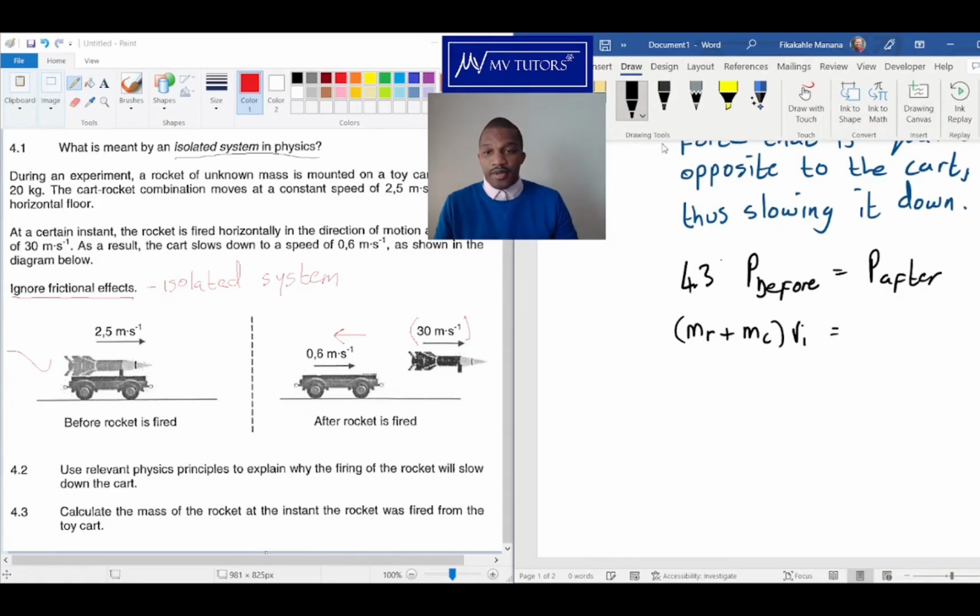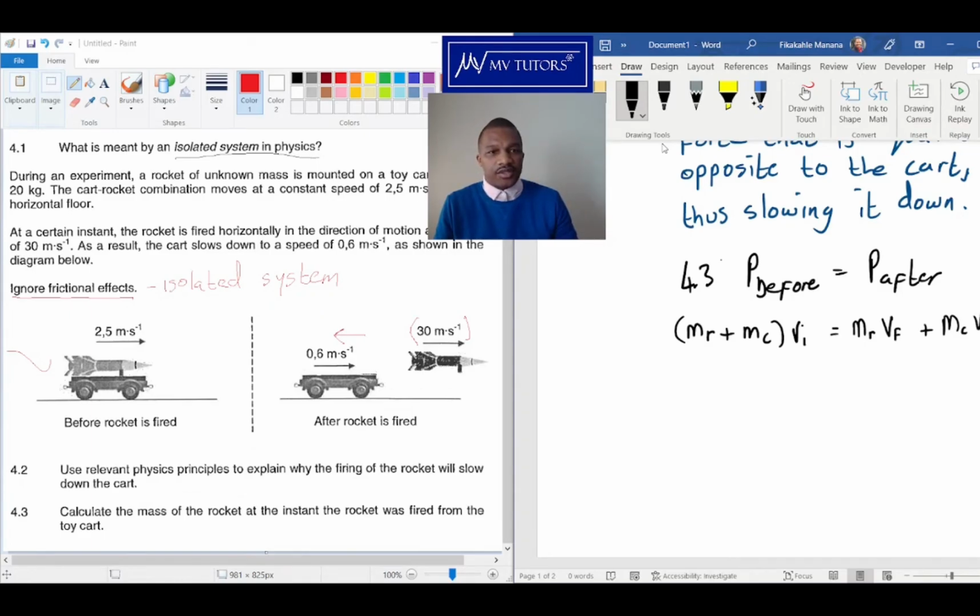Afterwards there's a separation: we have the mass of the rocket and its final velocity, plus the mass of the cart and its final velocity.